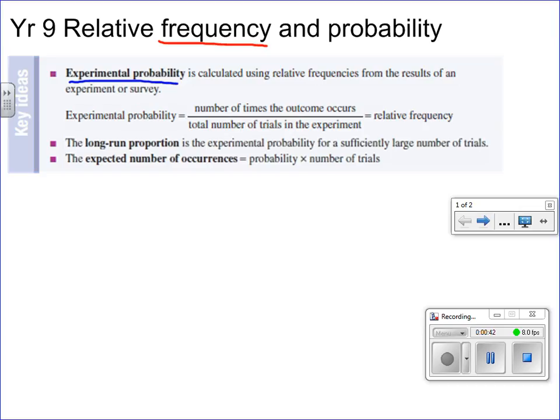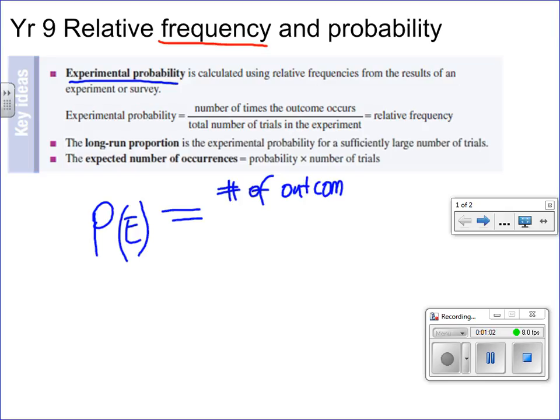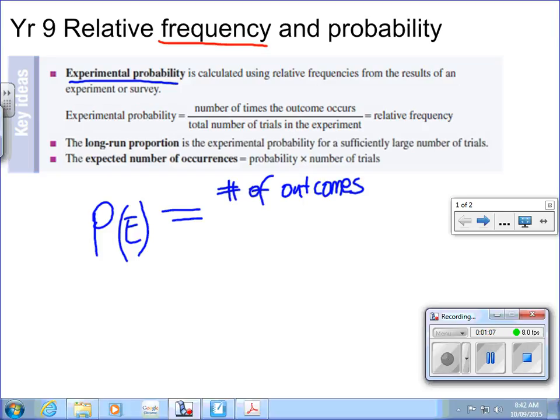So experimental probability of the event is the number of times the thing happens, so the number of outcomes, divided by the total number of attempts.